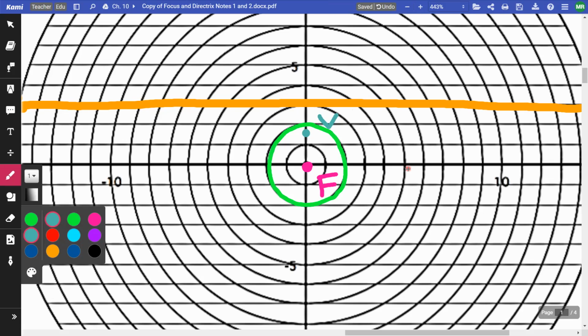This right here in purple is going to be 2 away from my directrix. Do we agree? 2 away. I want it to be both on the circle 2 away, but also up and down 2 away. So you'll see that that's going to be here and here.